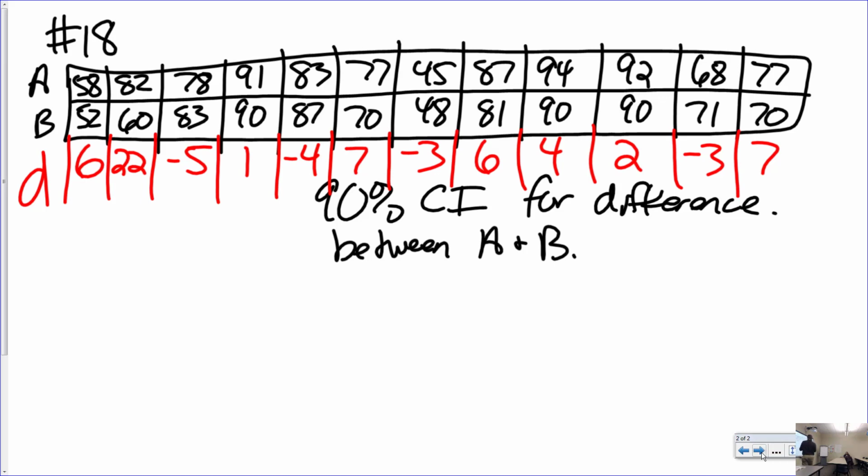Alright. 2 sixes, 22, negative 5, negative 1 and 1, negative 4, 2 sevens, right? 2 negative 3s, 1 6, 4, 1 2.